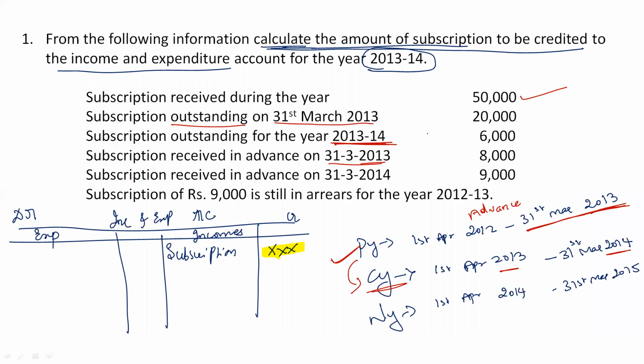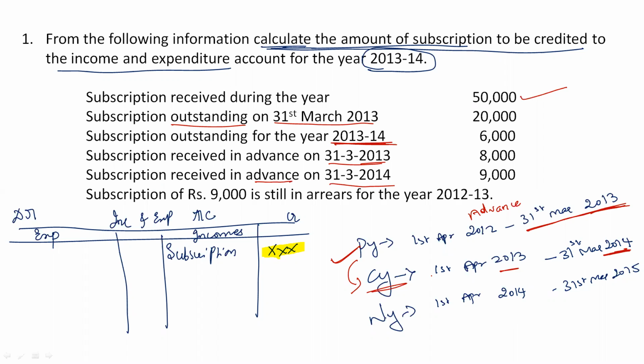Then again come back. Then we have subscription received in advance on 31st March 2014. So see, 31st March 2014 is the end of current year. In the current year, we are receiving advance subscription.